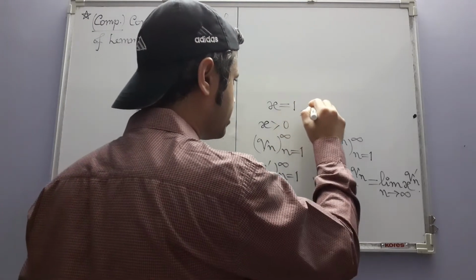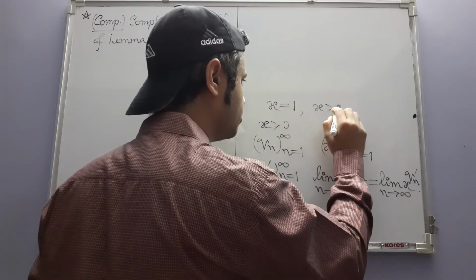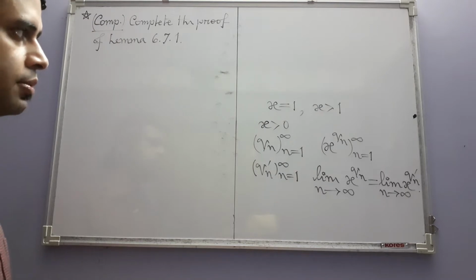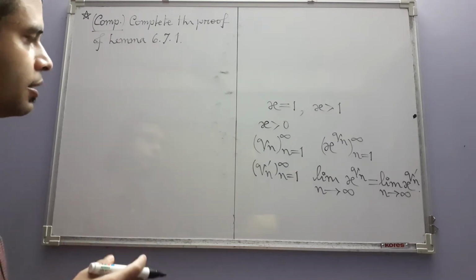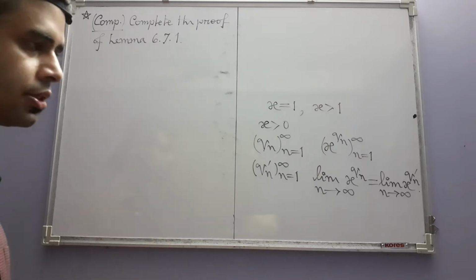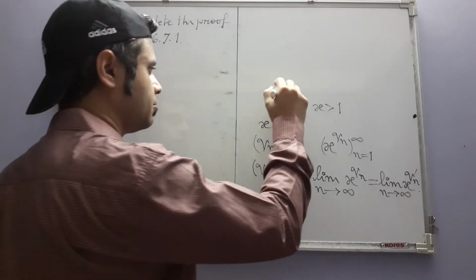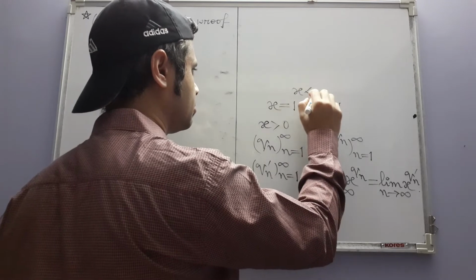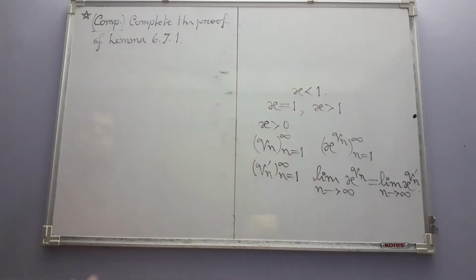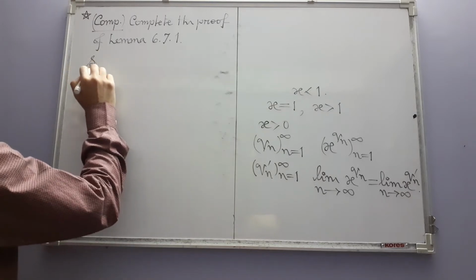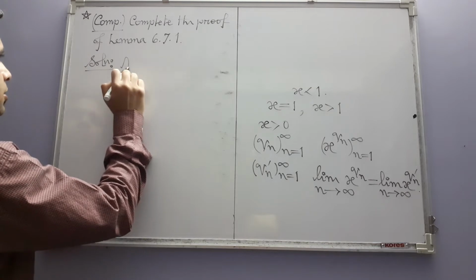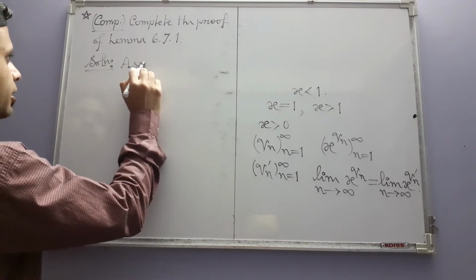And in the text we have seen the proof when x is greater than 1, and completing the proof requires us to show that the conclusions are also true when x is less than 1. So that's what we are going to do here. So we start by assuming just that.